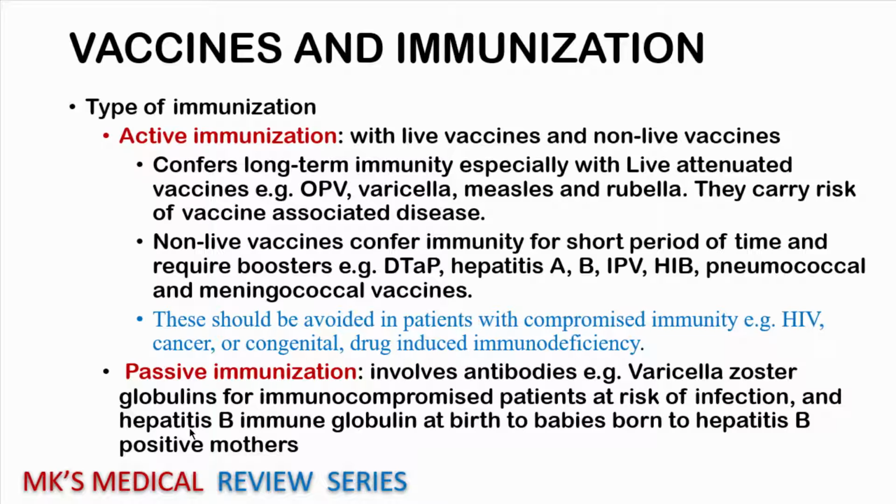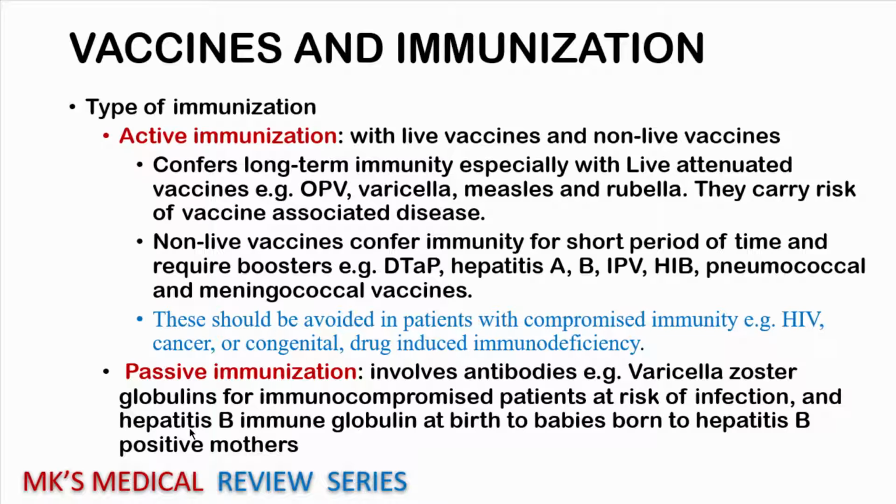Examples of these live vaccines include oral polio vaccine, varicella zoster vaccine, measles vaccine, and rubella vaccines. And these carry the risk of you developing the disease if, for example, you're immunocompromised. So they are given with caution, and they're not given in immunocompromised individuals.